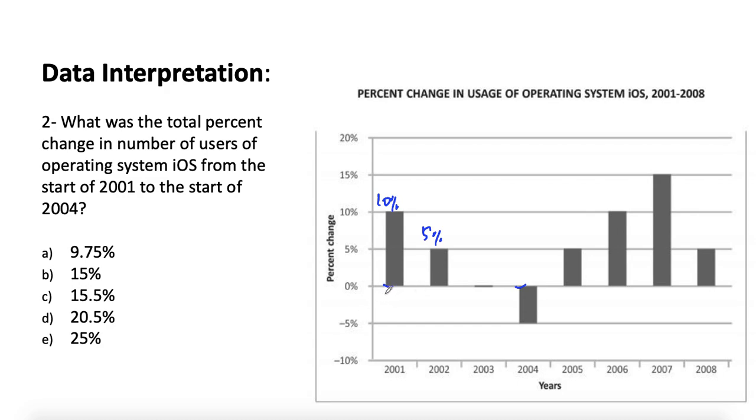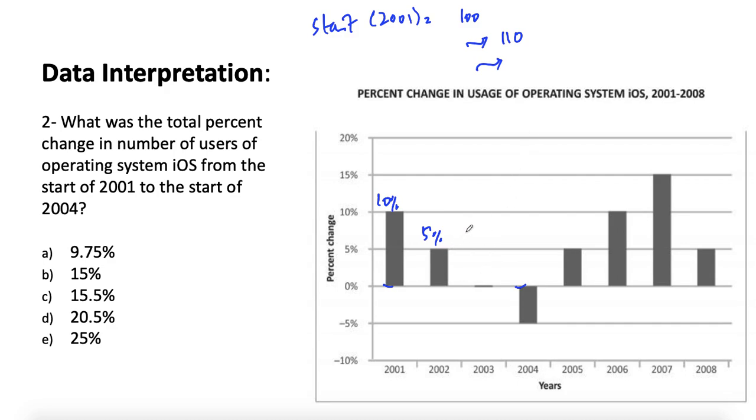So first, you can solve this by the formula or by assuming some value. For example, if I consider the value at the start of 2001 equal to 100, then at the end of 2001 there will be a 10% increase, which is 110. That will be at the start of 2002. Now again at the end of 2002, there will be a 5% increase, right?